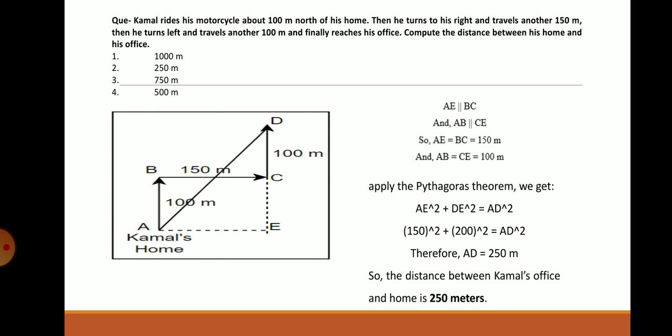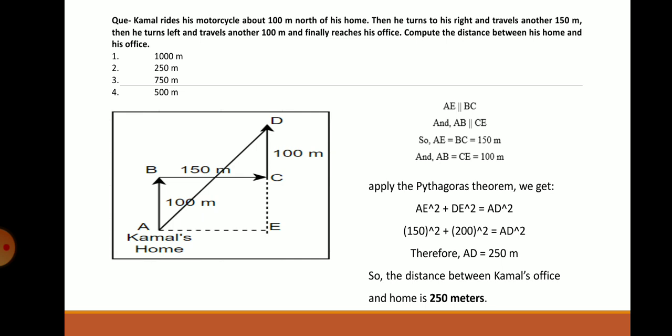In that triangle we can find the distances AE and DE, because the distance AE is exactly parallel to BC. Therefore, the distance of BC will be exactly equal to AE, as well as the distance AB is parallel to CE. Therefore, that distance, 100 meter, will be exactly for CE also.